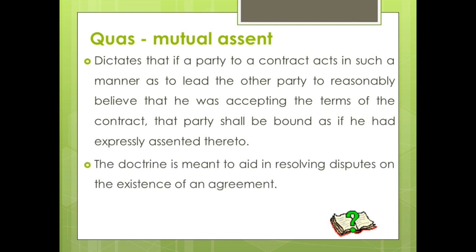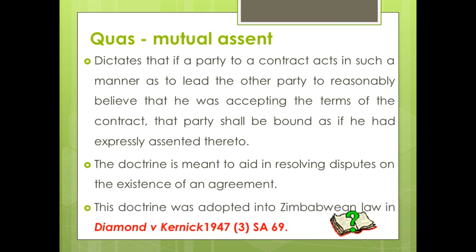The doctrine is meant to aid in resolving disputes on the existence of an agreement. This doctrine was adopted in Zimbabwe in the case of Diamond versus Kernick. That was in 1947.